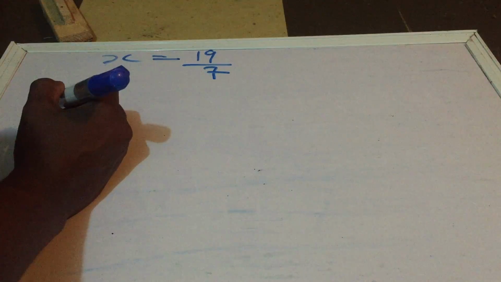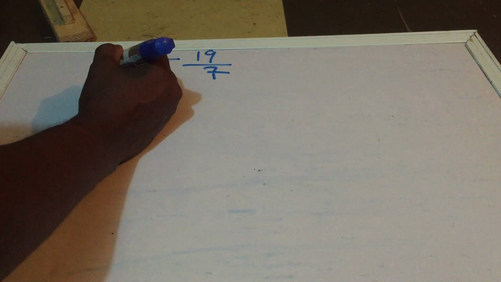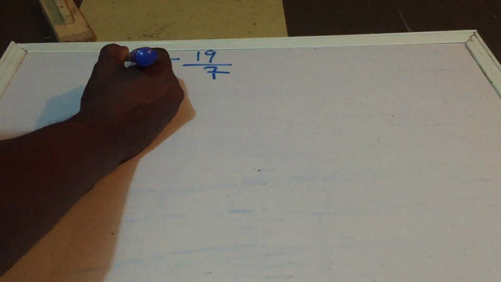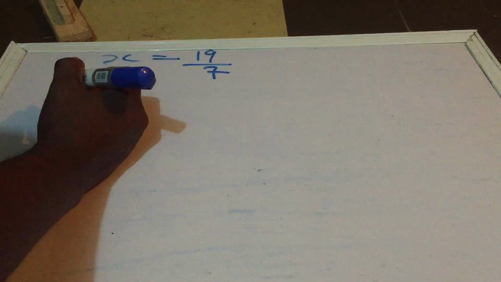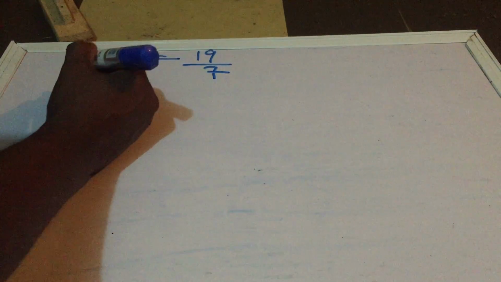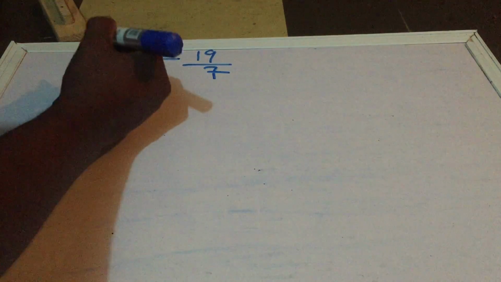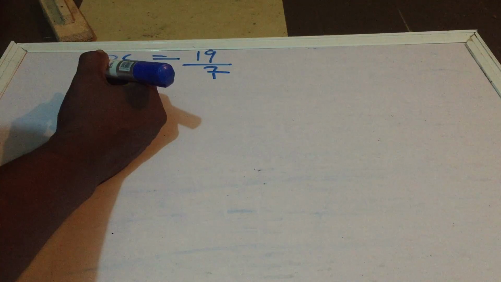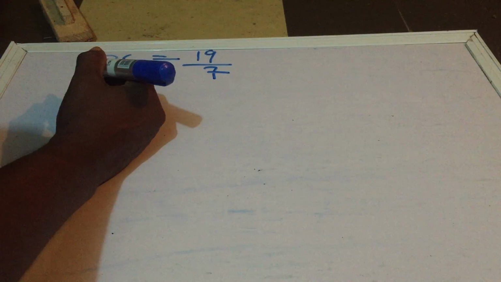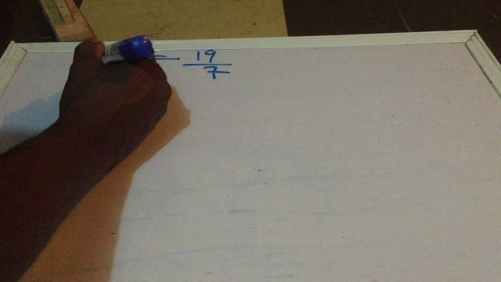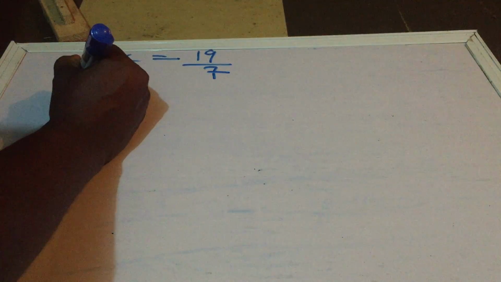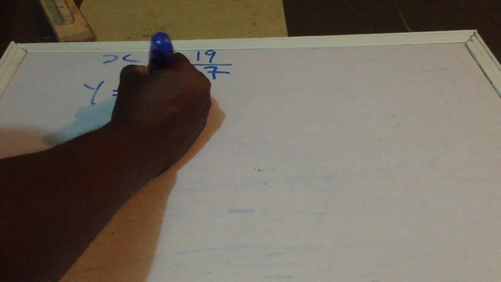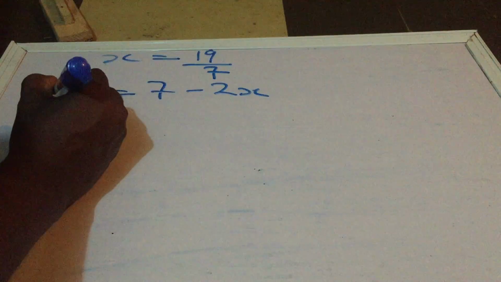Then what we need to do here, so far we've already got x, we now put this x into one of the equations. Let me put the x in equation 3 that we got, which says y is equal to 7 minus 2x.